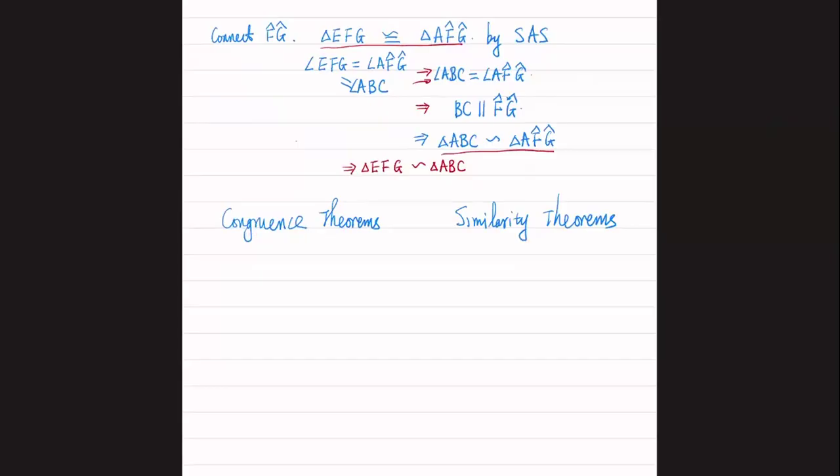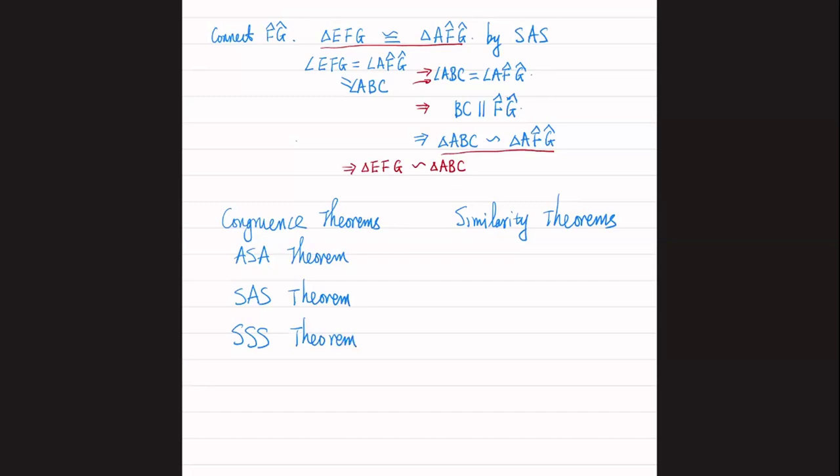We have this ASA congruence. We have this SAS congruence theorem. And we have the SSS congruence theorem.